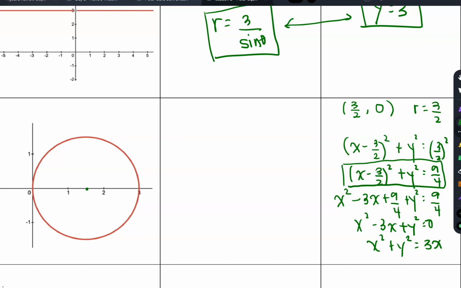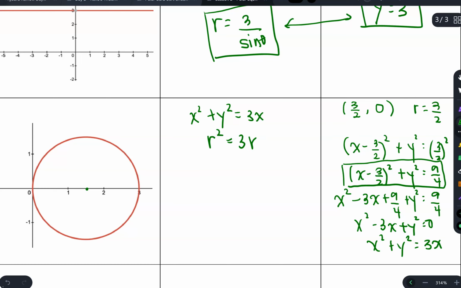But now we'll be able to change it into polar very easily now that we've multiplied it out. So x squared plus y squared is equal to 3x. When I do that, x squared plus y squared is equal to r squared. And we can change that x into r times cosine of theta. Remember, we're not dividing by r, so we need to move that over and factor out that r like we did in one of those problems prior to this.